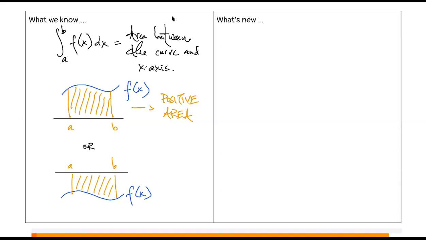If it's above the x-axis, like the first picture, it's going to be a positive area, but if it's below the x-axis and we're going from left to right, it's going to be a negative area. Okay, that's something that should be familiar to us.